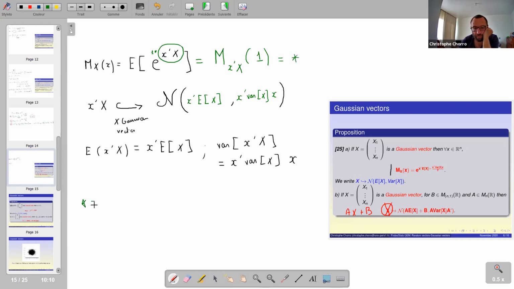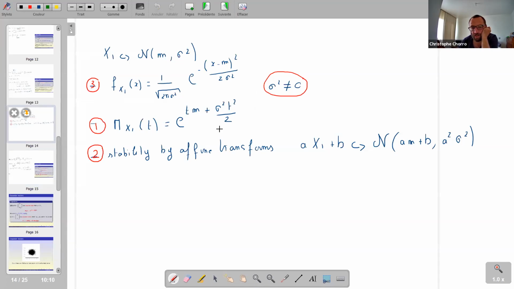But I know what the moment generating function of a Gaussian is. It's something that I have reminded you of here. The moment generating function is given by this expression. So for t equal to 1, it's just the exponential of the mean plus sigma square over 2, where sigma square is the variance.